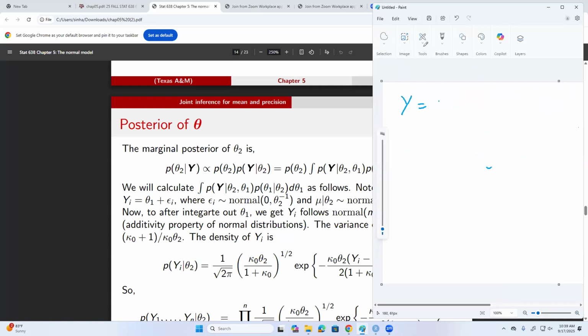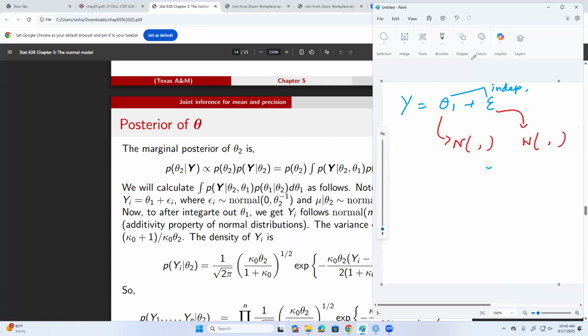Suppose you write y equal to theta 1 plus epsilon. This follows a normal distribution, and this follows another normal distribution, and these two are independent. So if you have two independent normal random variables and you add them, the total follows another normal distribution with the mean equal to the total of the two means and the variance equal to the total of the two variances.